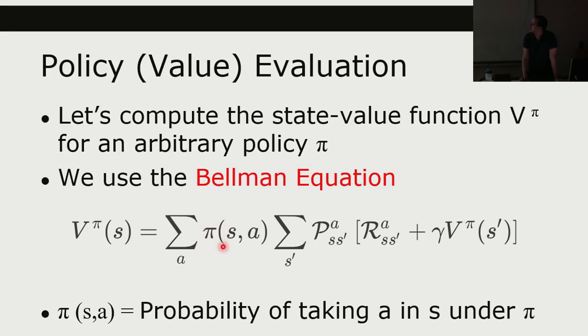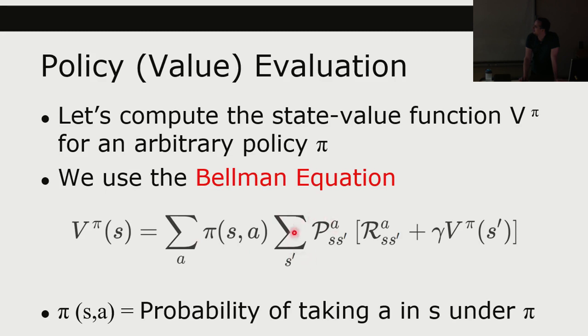If it said, for the action of moving right, do that 100% of the time and never go in any other direction, then for the action of going right, this would be 1, and it would be 0 for every other action. So this is the outer for loop that says for every action that's legal at a state, get me the probability of doing that action. That's what my policy tells me to do.